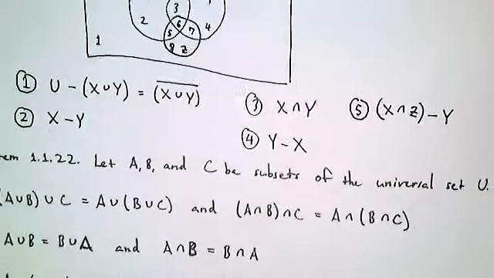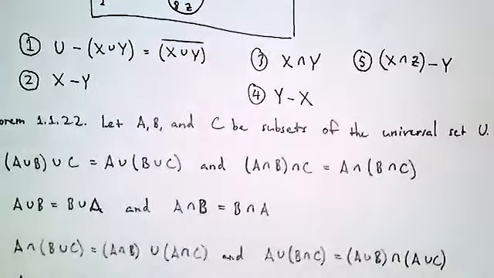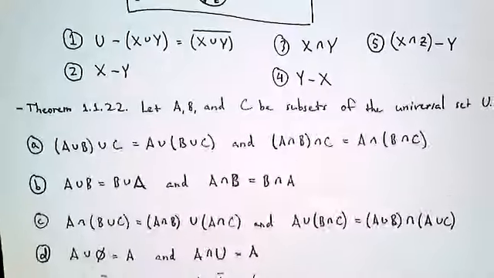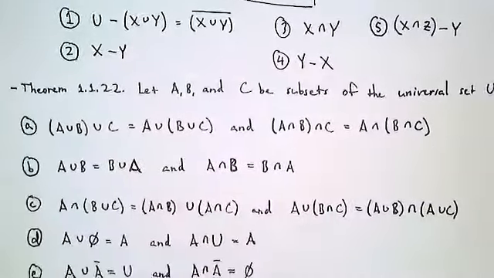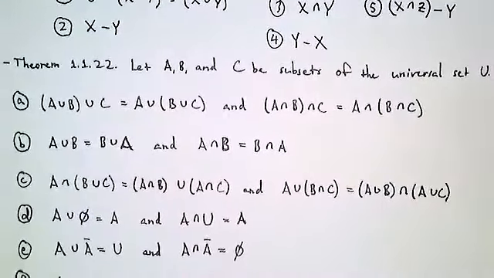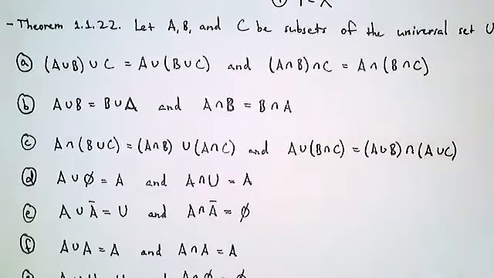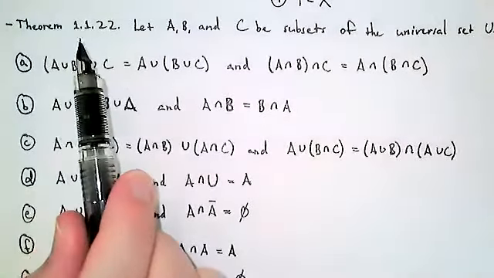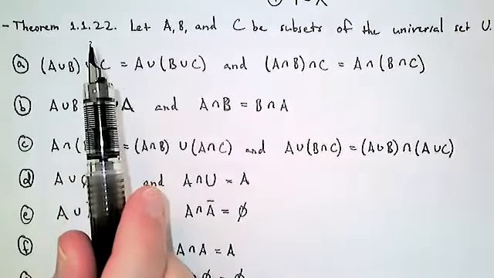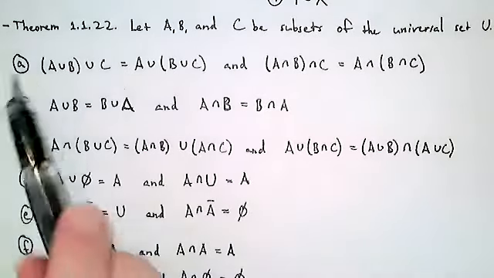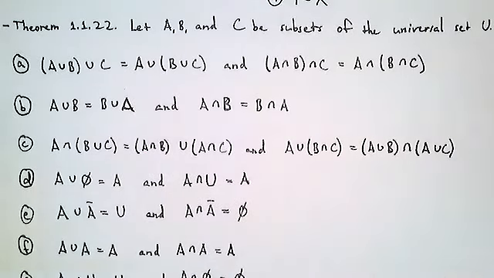Okay, so the next thing on my notes, and I'll have to zoom out for this since it's kind of big. There we go. Okay, so the next thing that we need to discuss is this theorem. This is how it's labeled in your textbook if you need to look it up. Theorem 1.1.22. It has parts A through K, which kind of aren't even in the picture.